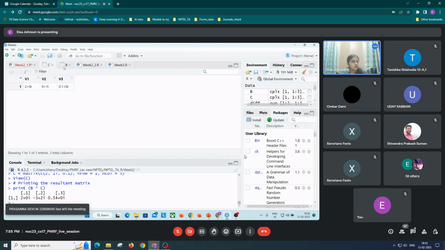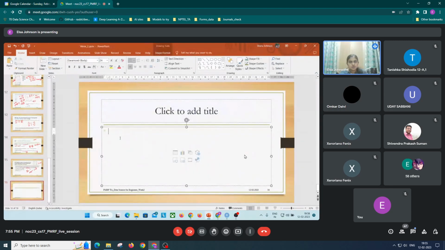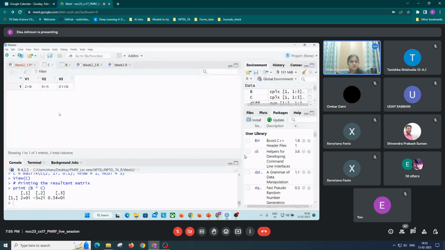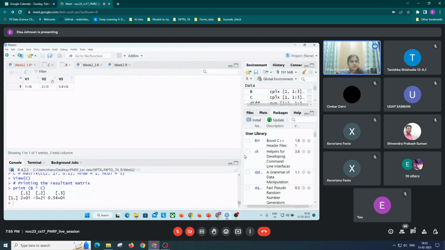How will matrix multiplication look like? Can you tell me what is the dimension of this B matrix? This is 1 cross 3, right?